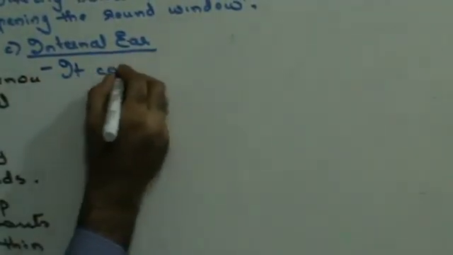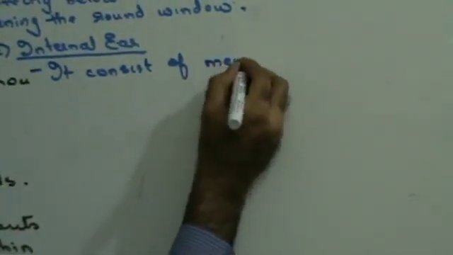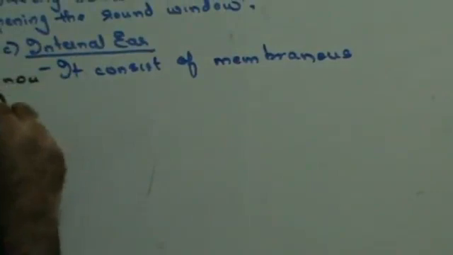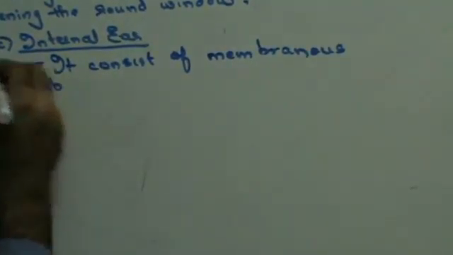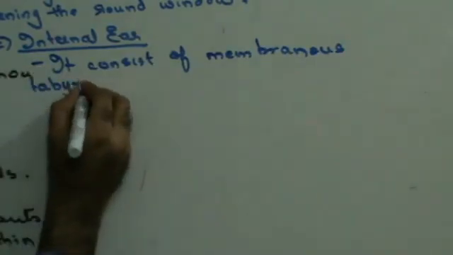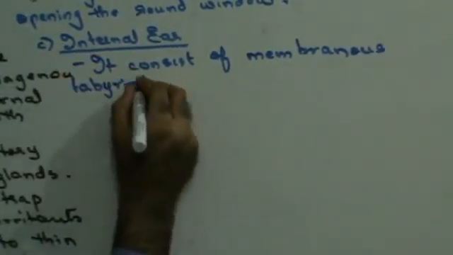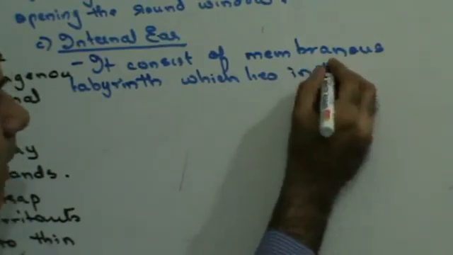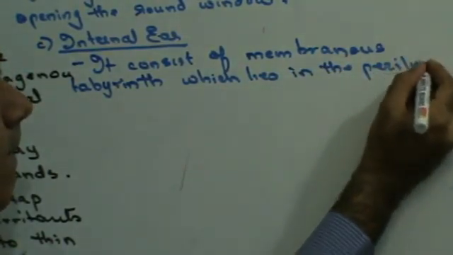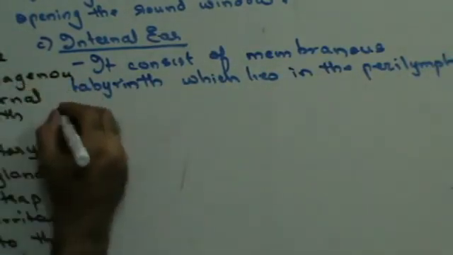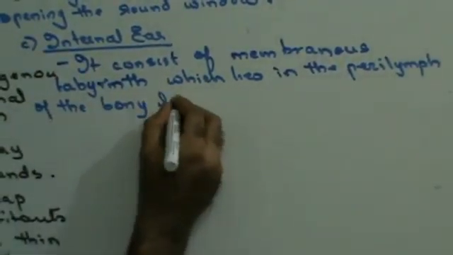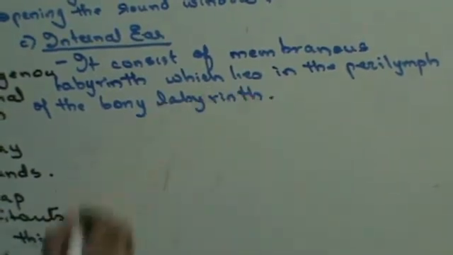Internal ear consists of membranous labyrinth, which lies in the perilymph of the bony labyrinth, right?